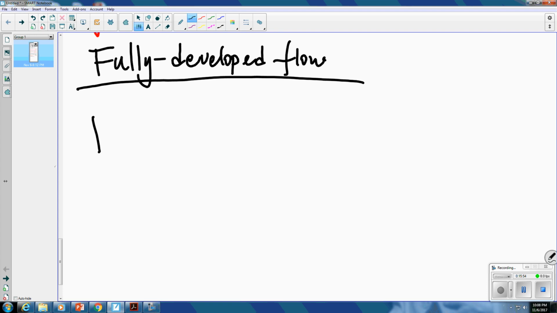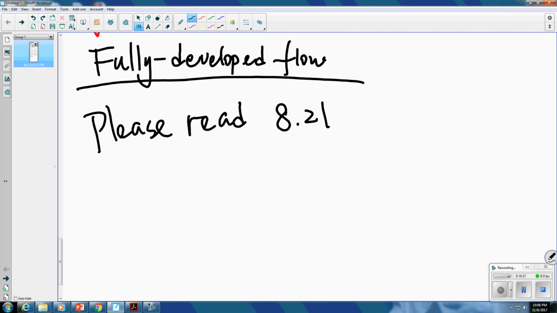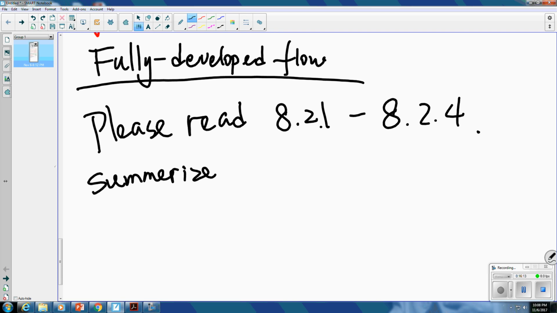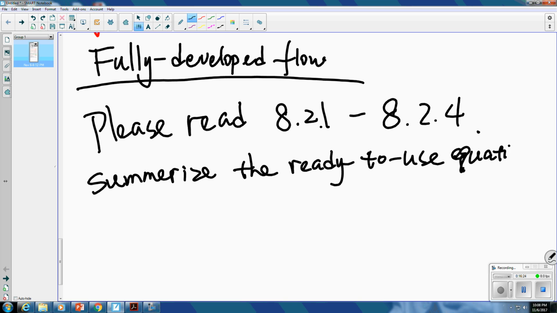So in this chapter, please read carefully section 8.1, sections 8.2.1 to 8.2.2, and 8.2.4, and summarize the ready-to-use equations derived here.